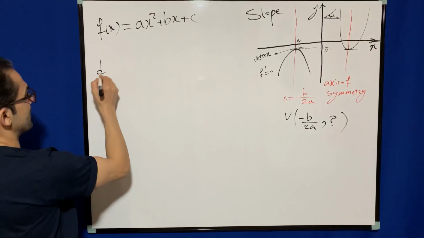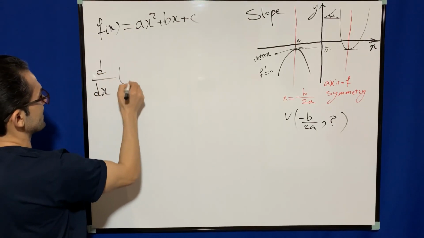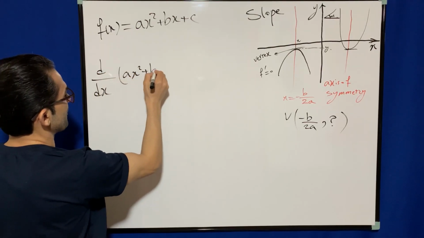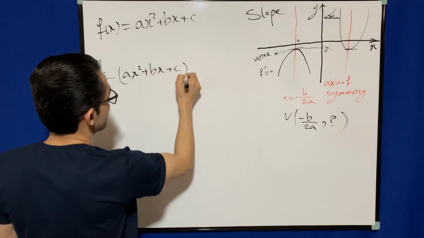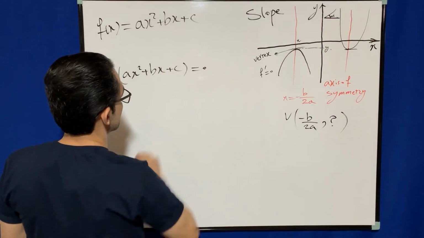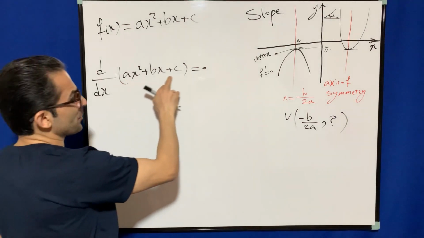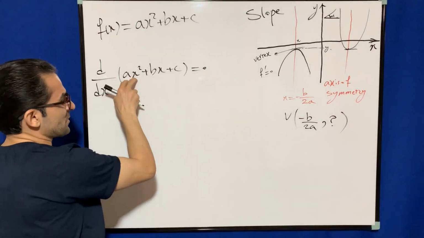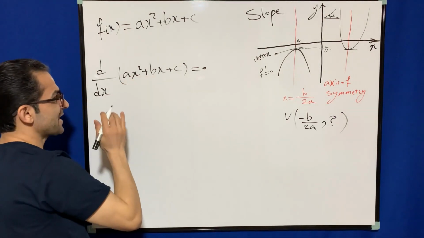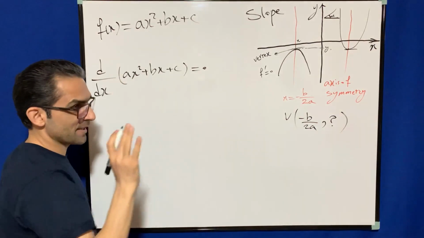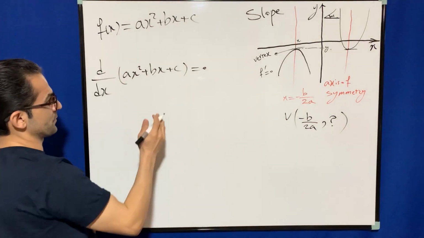Notice d over dx of ax squared plus bx plus c equals 0. We have a polynomial and the sum of three things. We must take the derivative of each part separately and then add up the answers.